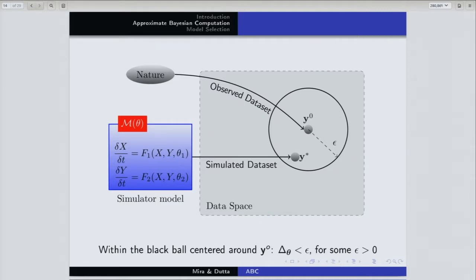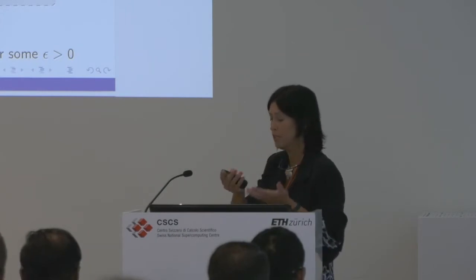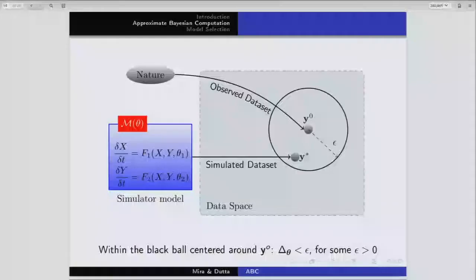And we associate with those y star the corresponding values of theta that generated them. So among all the possible values of theta that are simulated from the prior, we filter out, we retain those values of theta that have generated pseudo data that are within this epsilon ball.